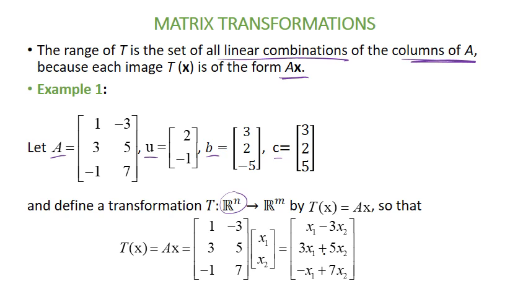So again, domain, codomain. T of x is equal to AX, which is shown here. If T of x is equal to AX, then this is matrix A, this is matrix X. When we combine those, we end up getting this. So this is all given to you. There are 4 questions that we're going to answer.